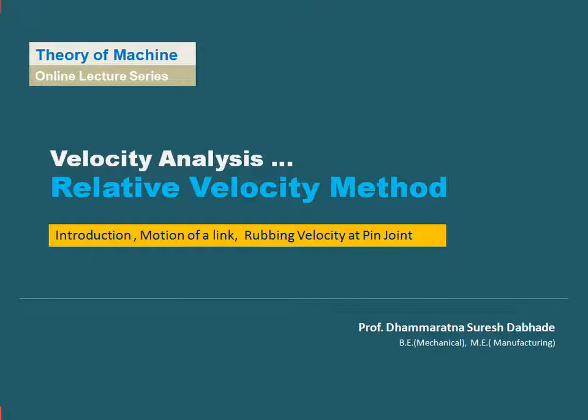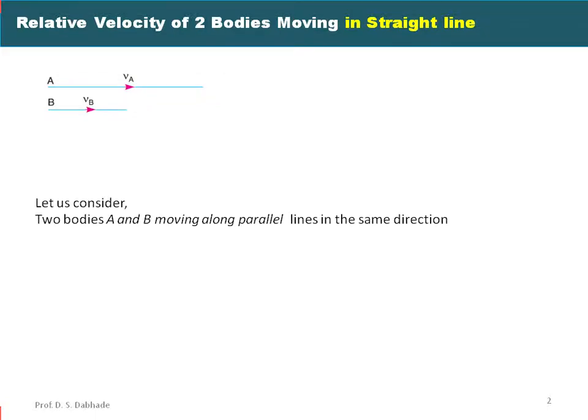Let us start with the first point, the relative velocity of two bodies moving in a straight line. Let us consider two bodies A and B, moving along parallel lines in the same direction.